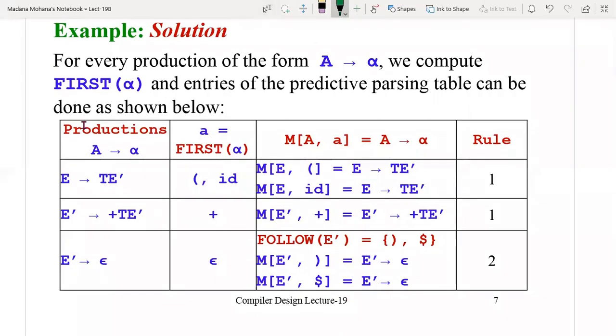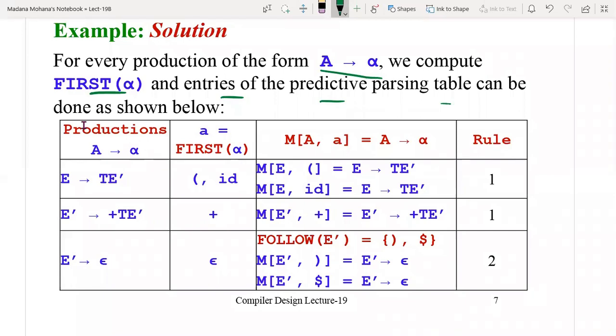So here what we will do, first we will consider every production of the form A derives alpha. Then we compute first of alpha, and the entries of the predictive parsing table can be made as shown below. Every time, for the right hand side alpha, we are finding the first value. If it contains a terminal, then under that terminal's column, and the row heading of the left hand side variable of the production, you add the respective production.